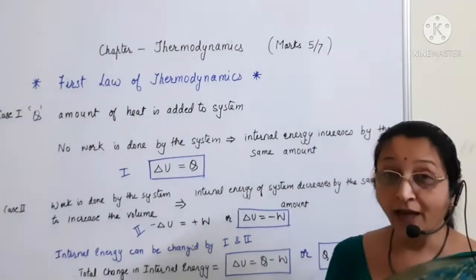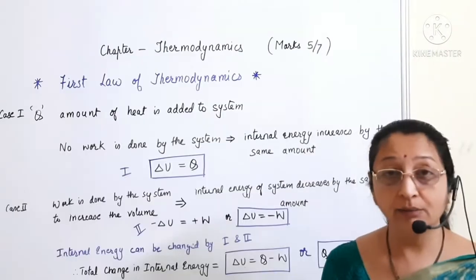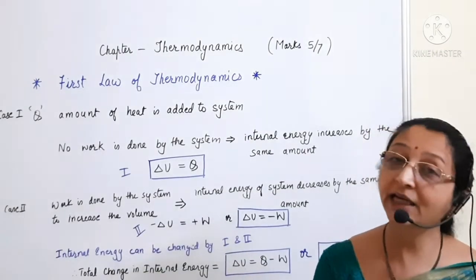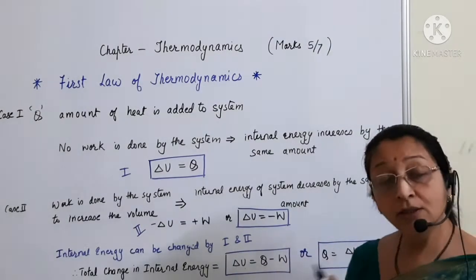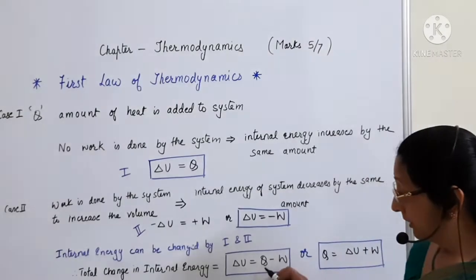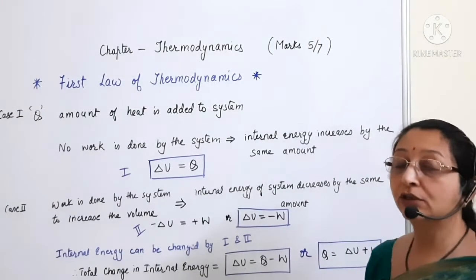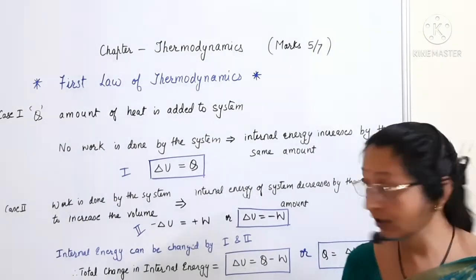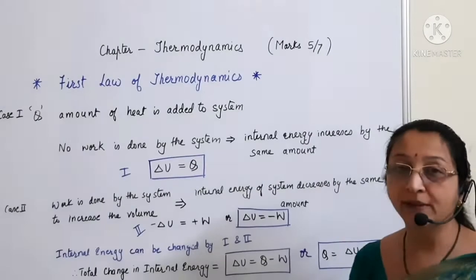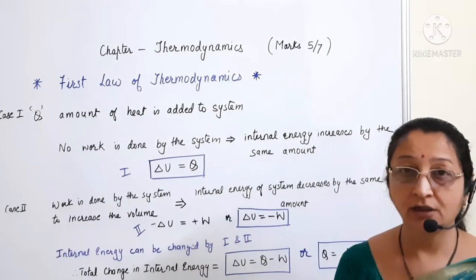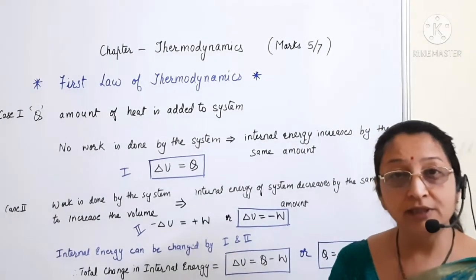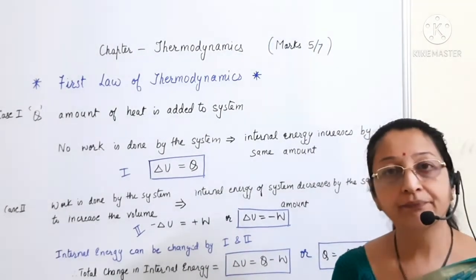Similarly, in the last lecture we discussed work: positive work, negative work or zero work. So this Q and W both can be positive, negative or zero. Hence this delta U, which is the change in the internal energy, will also be positive, negative or zero.